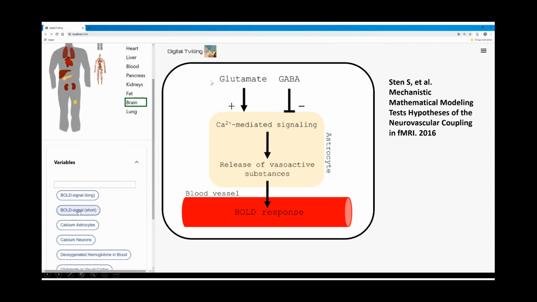This is the model that is currently implemented. We have more advanced versions that aren't published, but this one is published, and it describes intracellular signaling and the BOLD response, which is what you measure in fMRI. What we're choosing now is the BOLD signal, because we know that this is fairly well validated in the model.